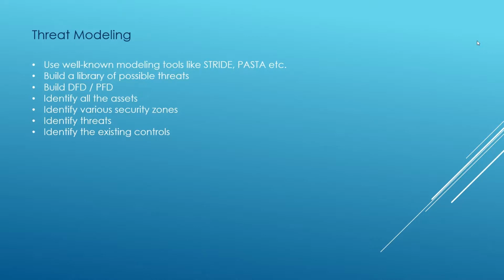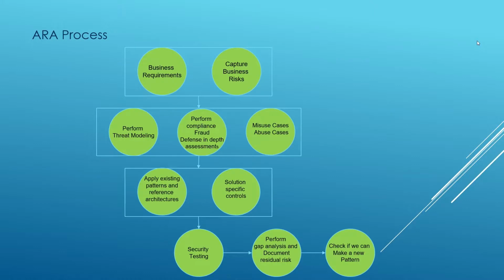Whereas if you are going to share the data with a third party, they may be sharing the data with a fourth party, or themselves may not have the right set of controls to protect your data. Then identify all the threats. Once you identify the threats, look at your existing controls, and if needed come up with new controls. Then go back and continue your assessment process from the point of threat modeling.